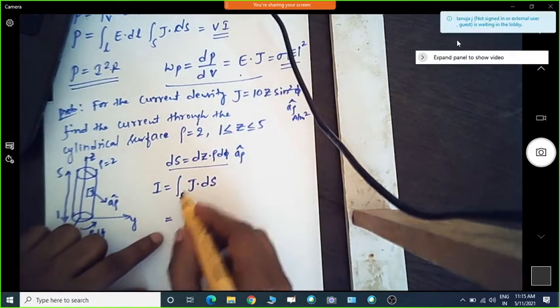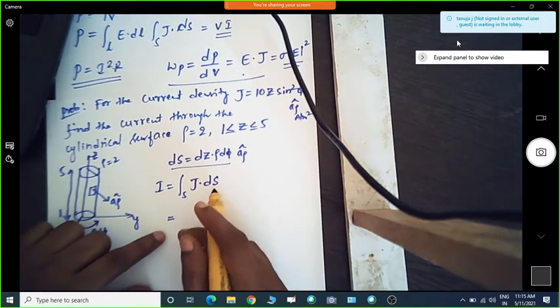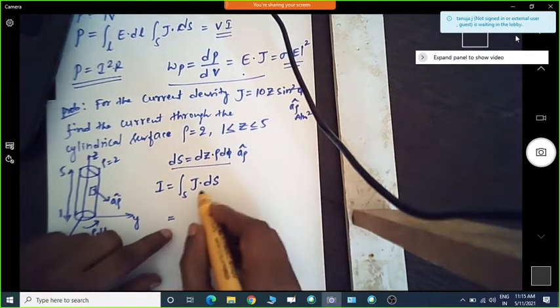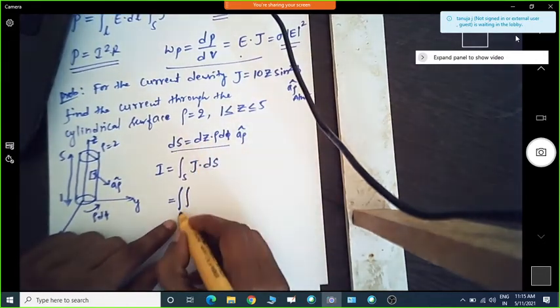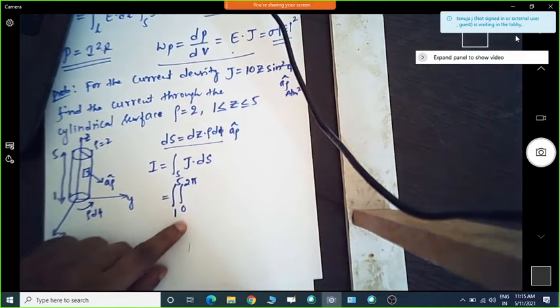Since it is a surface integral, you have the z variation which is from 1 to 5 and phi variation which is 0 to 2 pi.